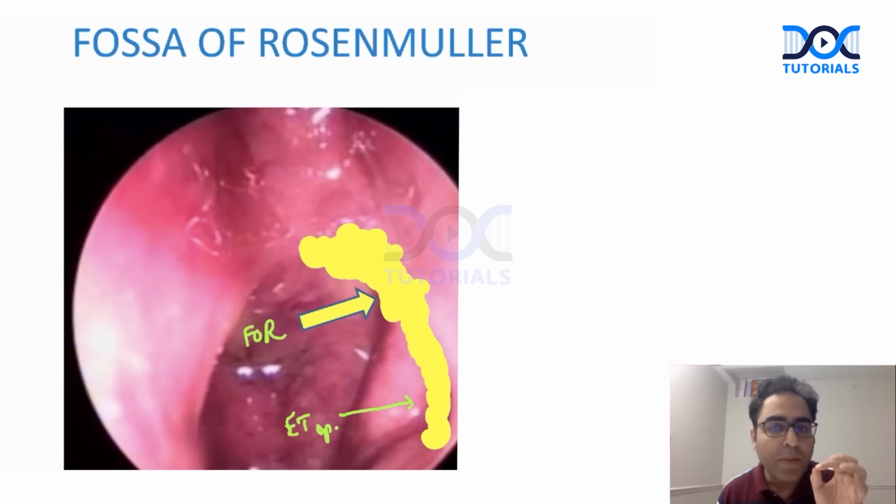No problem. But if an adult patient develops glue ear only on one side, I should have a suspicion in my mind as a clinician that maybe the patient is having a hidden nasopharyngeal carcinoma right behind his nose. Okay? Adult patient. Single-sided glue ear. Think of nasopharyngeal carcinoma. And don't forget fossa of Rosenmuller.